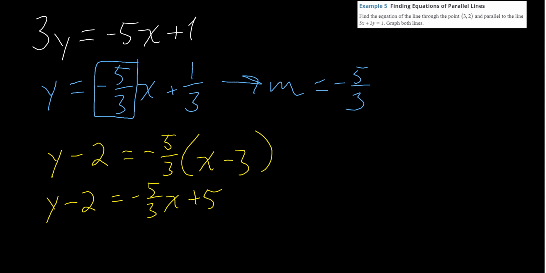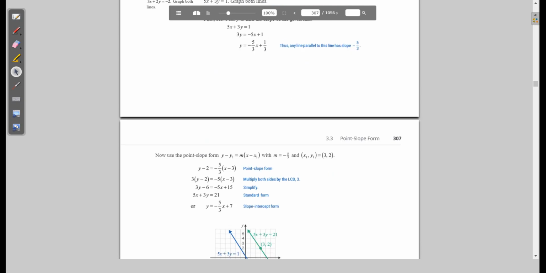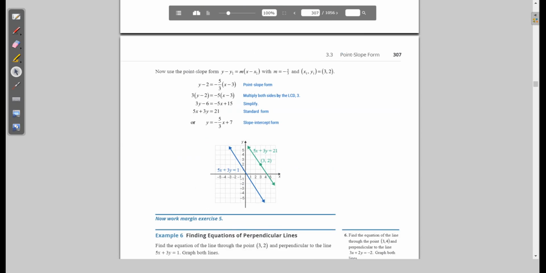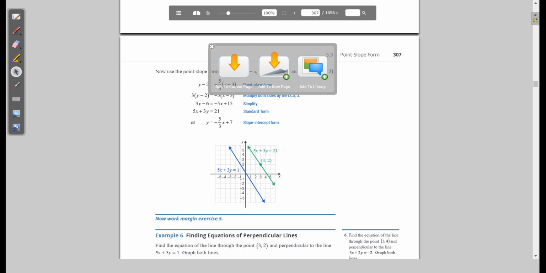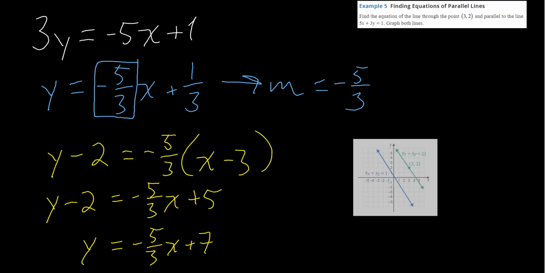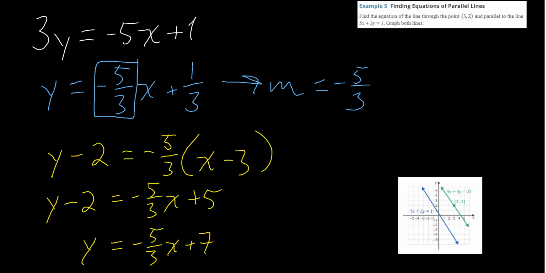We're going to have y is equal to negative 5/3 x, and 5 plus 2 is 7, so plus 7. Okay, and we're going to snip the graph here. And of course we can see that we were indeed correct.